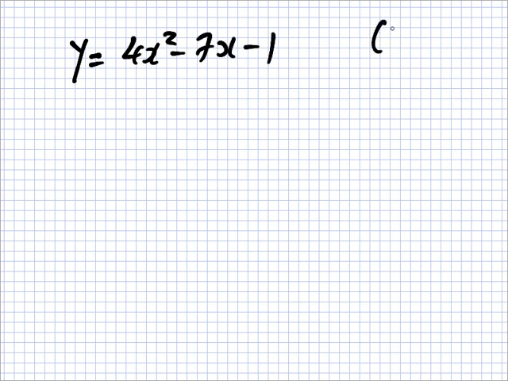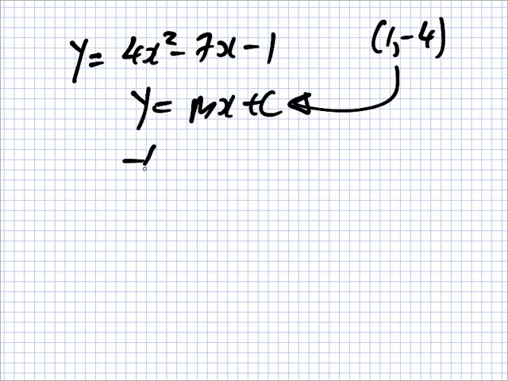Okay. So you have page 66, 3A. y equals 4x squared minus 7x minus 1, and you want the tangent at 1, minus 4 by using the discriminant. So the tangent line is y equals mx plus c. If I put that in there, I get minus 4 equals m plus c. So c equals minus 4 minus m.